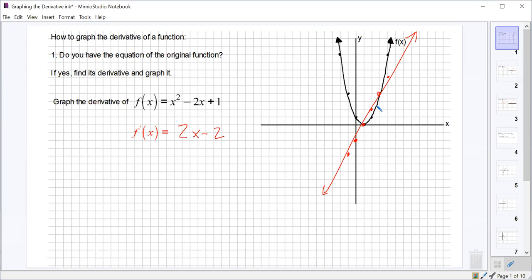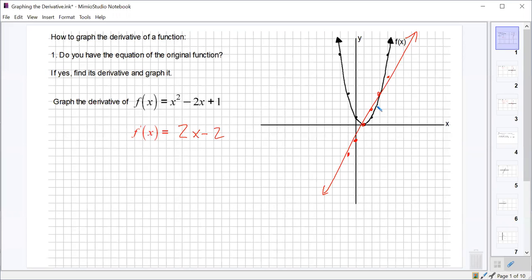That when we graph the derivative, it should have an x-intercept wherever our original function has a local minimum or a local maximum. We feel okay about that? That will almost always happen, and it will always happen if we have a nice smooth curve for our original function.